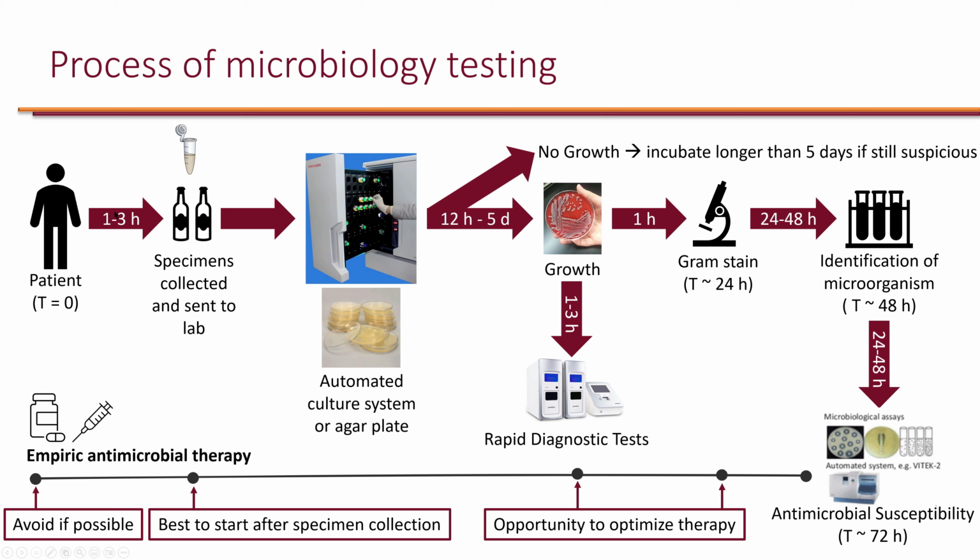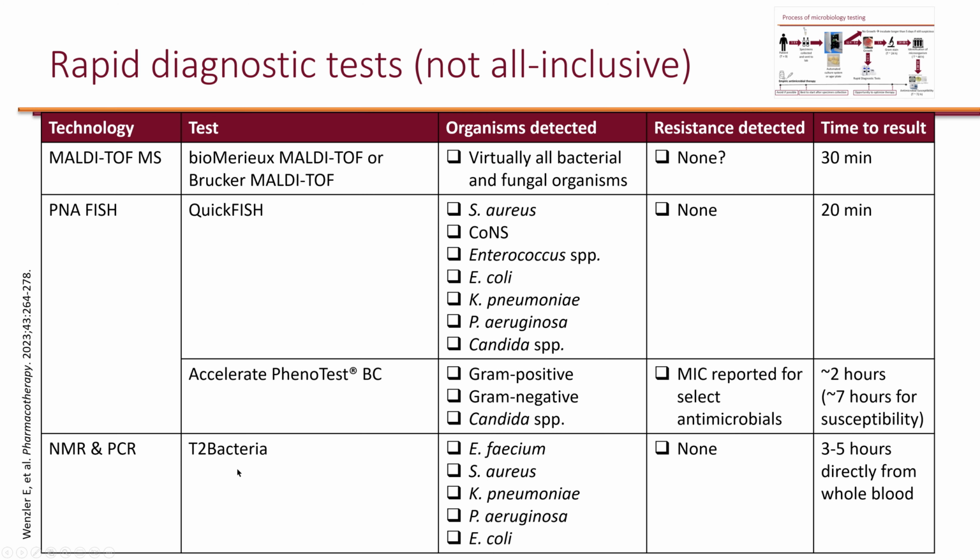With the T2 Bacteria, once you get the sample, it goes directly into the diagnostic test. That will save you half a day or so in identifying the organisms. So that's pretty good, and this is a relatively new technology, and more development will be underway.